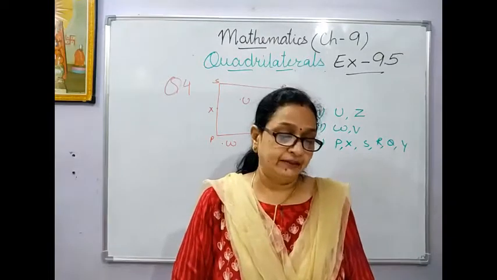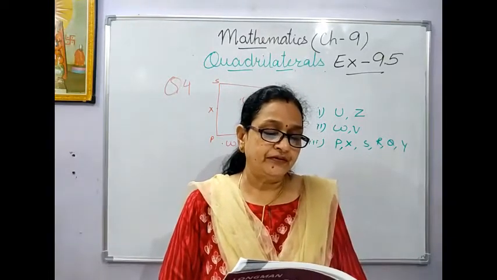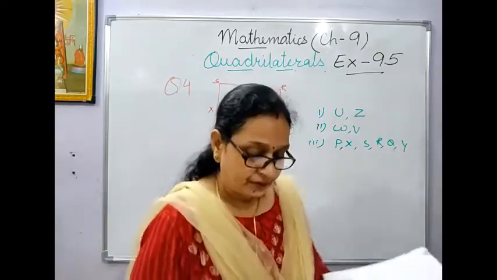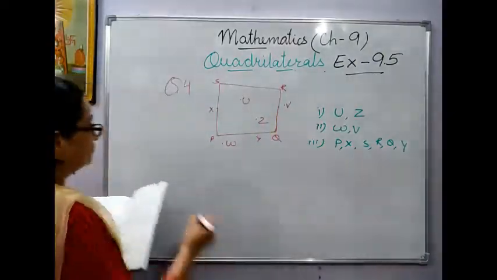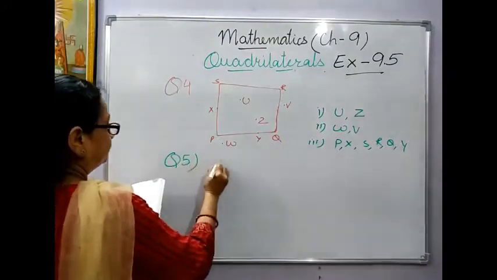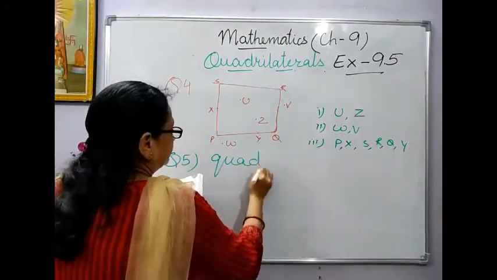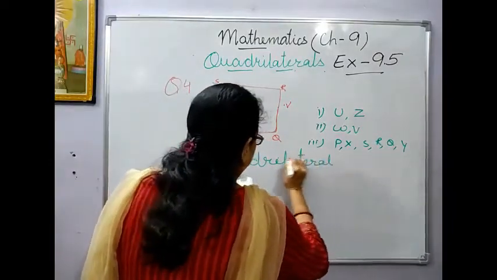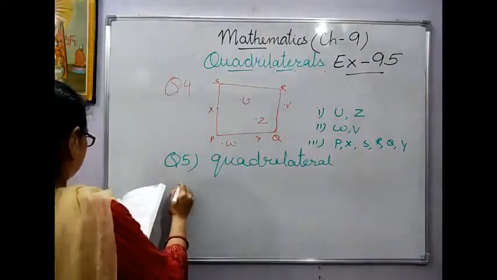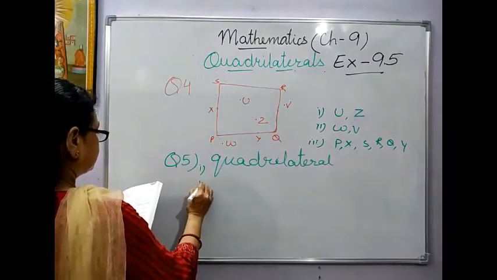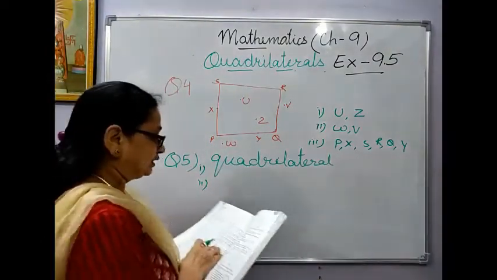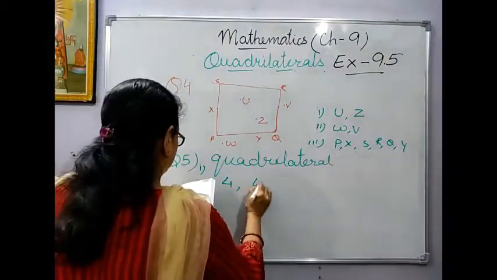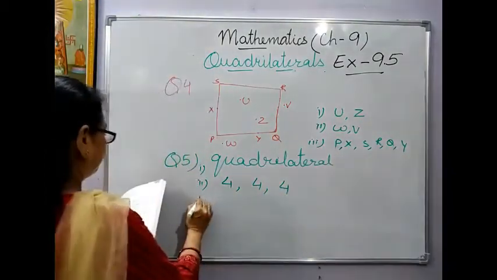Question number 5, fill in the blanks. A closed plane figure made up of 4 line segments is called a quadrilateral. Question number 5. First answer is quadrilateral. Then second, a quadrilateral has dash vertices, dash sides and dash angles. So it will be 4 vertices, 4 sides and 4 angles.